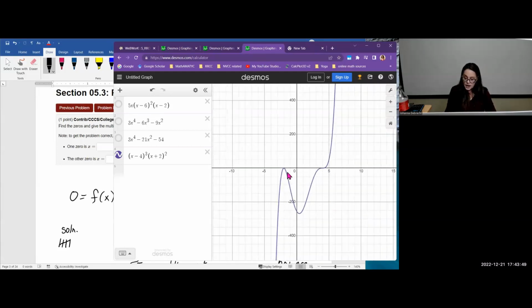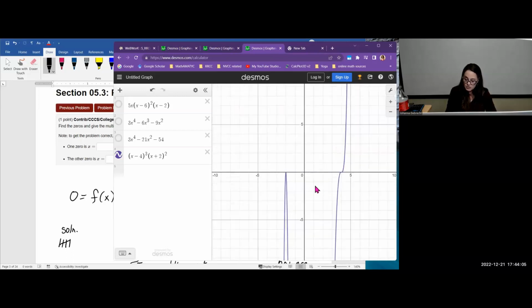We have 1, 2 turning points. A turning point means it really has to turn around and go the other way, not just flatten and then go off in the same direction again. That's a saddle point.